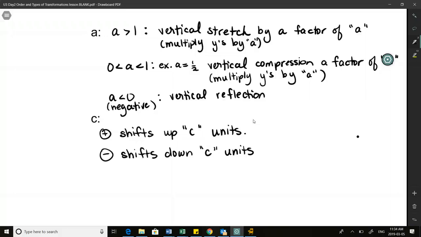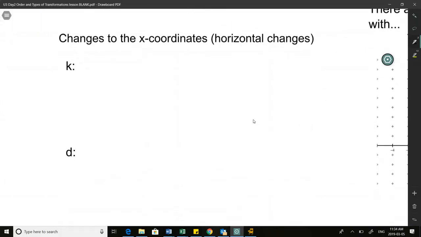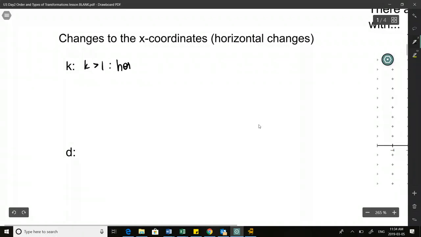Okay, and then the horizontal changes, you'll find them inside the function, like inside the squared or the square root or whatever. They are k and d. So k is essentially almost the exact opposite of a. When k is greater than 1, this produces a horizontal compression, and we actually use the reciprocal of k.